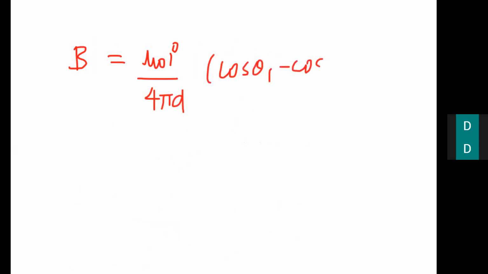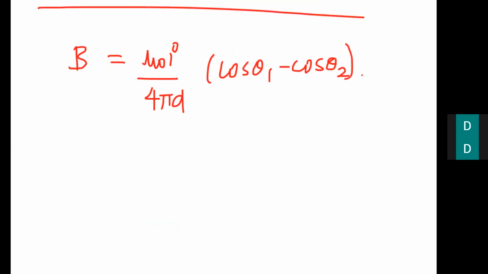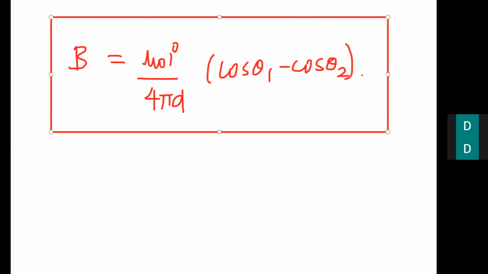So the equation that we get is B is equal to mu 0 I upon 4 pi d into cos theta 1 minus cos theta 2.